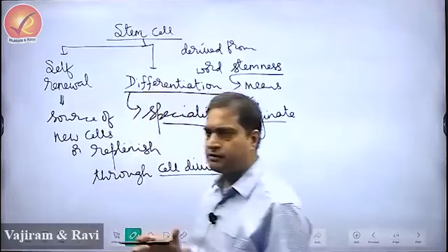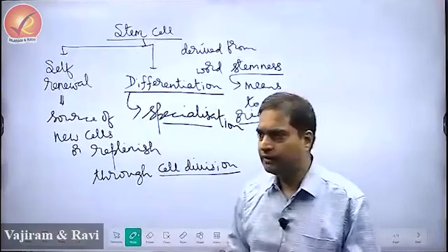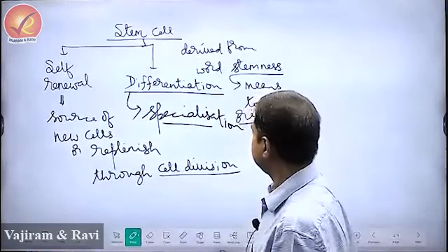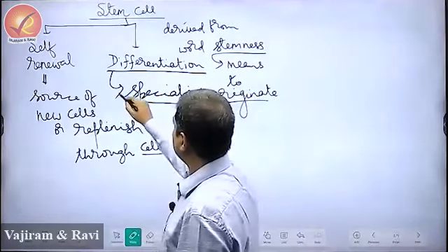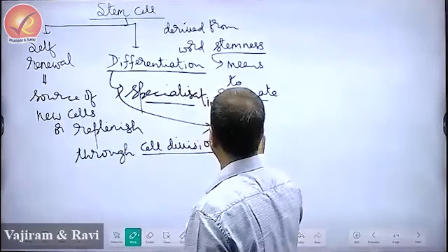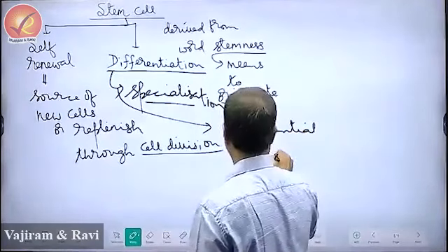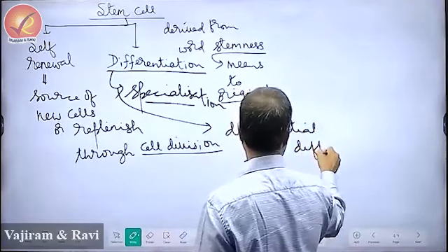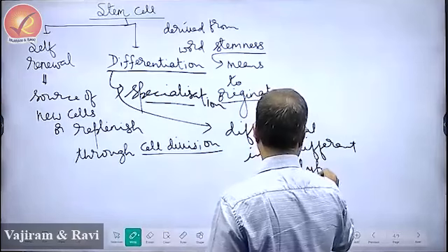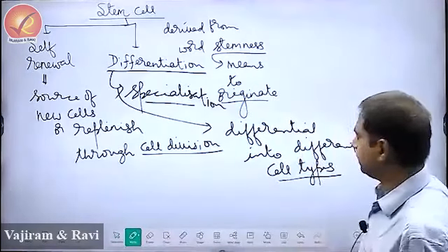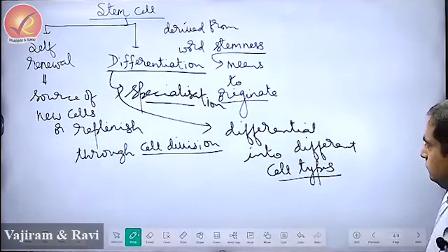Cells are specialized to perform a specific task, or differentiate into different cell types. Differentiate into what? Different cell types.